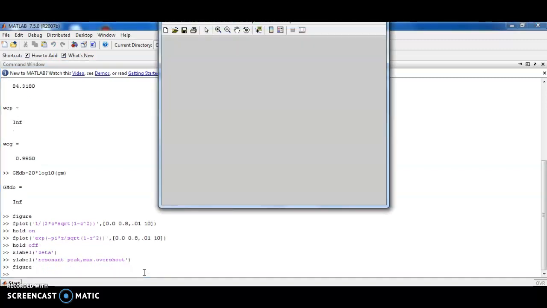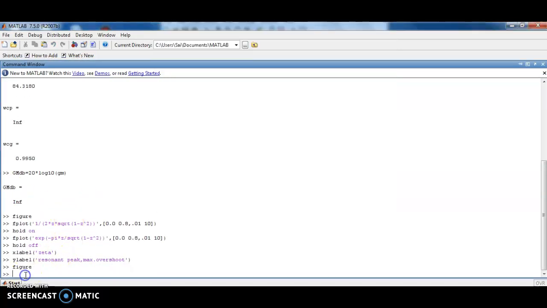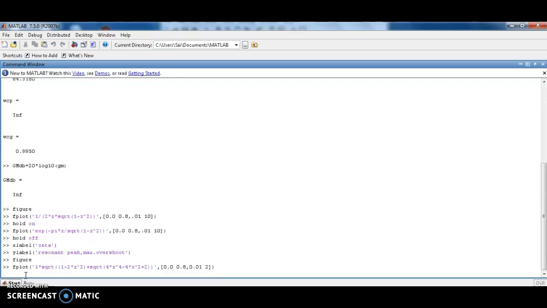Figure. This is also a formula: square root of 1 minus 2 into zeta squared plus square root of 4 into zeta raised to 4 minus 4 into zeta raised to 2 plus 2.